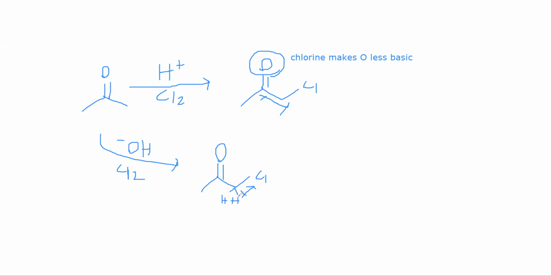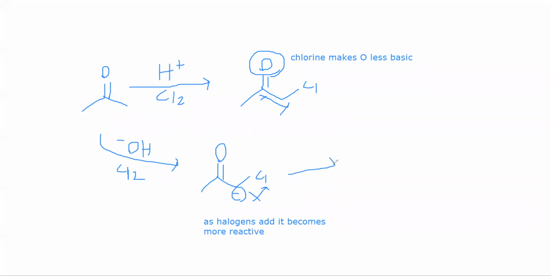By pulling electrons away from the negative charge, if you draw the enolates, we stabilize it, so we make the base weaker, so the acid was stronger. So basically, as halogens add, it becomes more reactive. So we can't really stop after adding just one halogen. It keeps going.